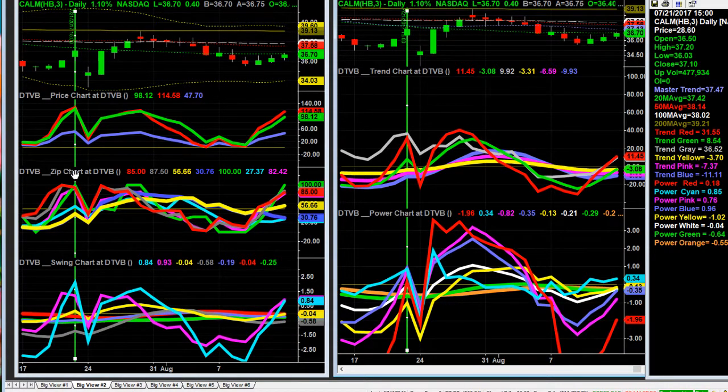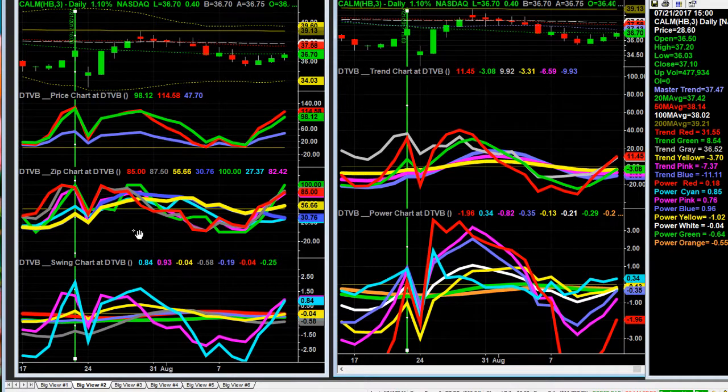We also have over in the swing chart, Zip Zion up and Zip Pink down. Zip Zion is your price barometer along with Zip Pink and the 3 price lines. You have 5 price barometers, and they track the price.